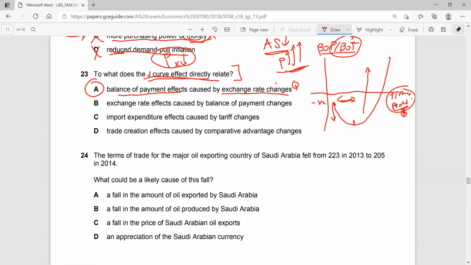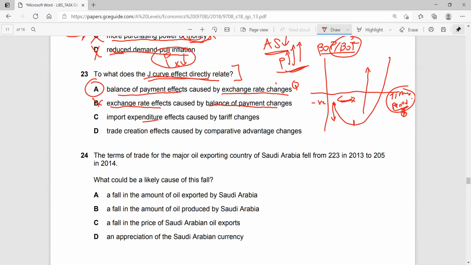How does it impact your balance of payments? Depreciation is the change in exchange rates. Exchange rate effects caused by balance of payments changes, not really. It's not showing balance of payments changes causing exchange rates. It's showing how a change in exchange rate, how a depreciation, can impact your balance of payments when you look at it at different time periods.